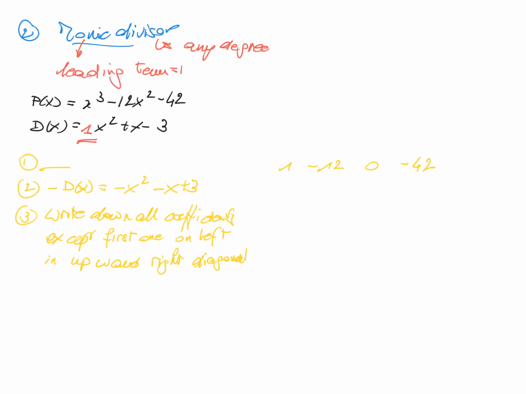In an upward right diagonal means we have minus 1 on the left side, 3 on the right side. We then again drop the first coefficient, so this one goes down. And in the next step, again, we perform a multiplication. So we multiply this dropped coefficient with all the coefficients in the diagonal.